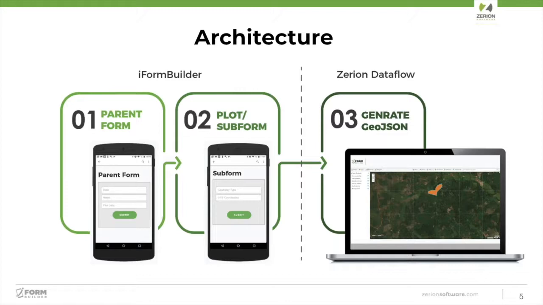So after you collect the data, and your data can be in different shapes depending on how you construct your form, you need a means to shape your data so it can produce a GeoJSON file. In our example today, we are going to be using Zerion Dataflow.